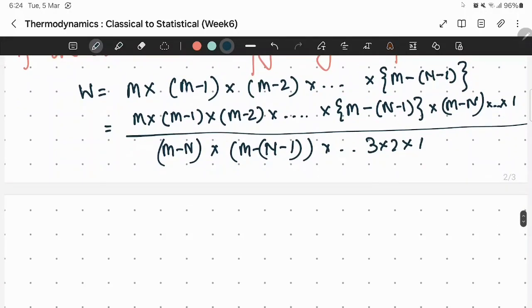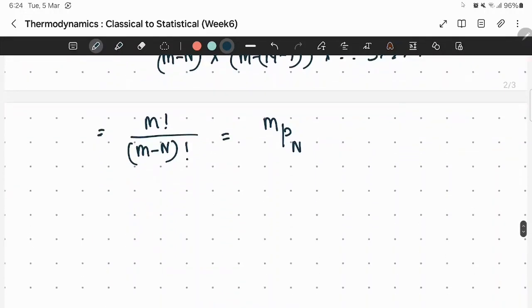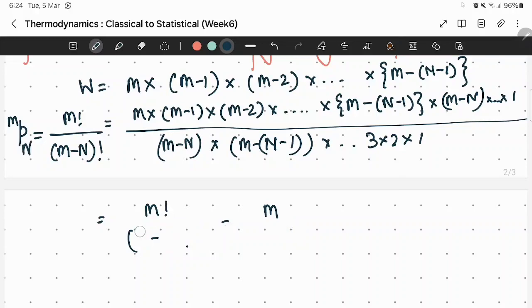So what does it mean? m factorial divided by m minus n factorial. So it is basically mPn, the number of permutations. So it will be the W. So let me write it here.